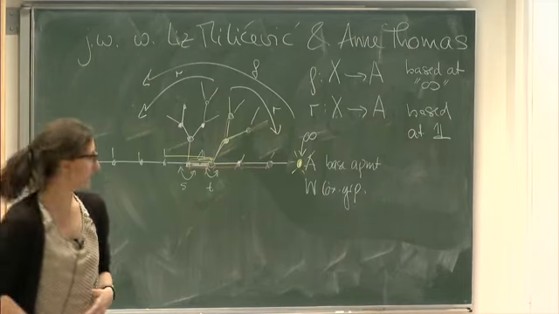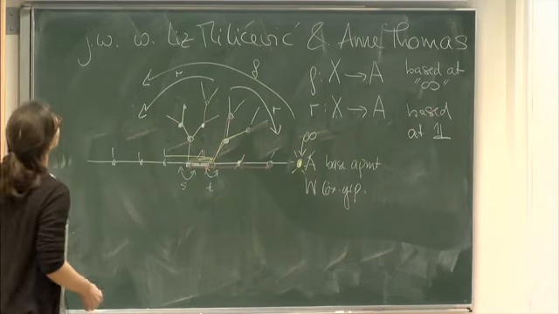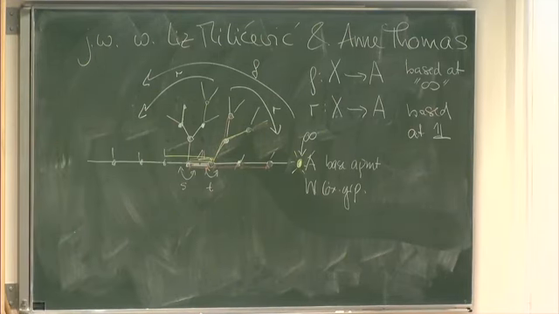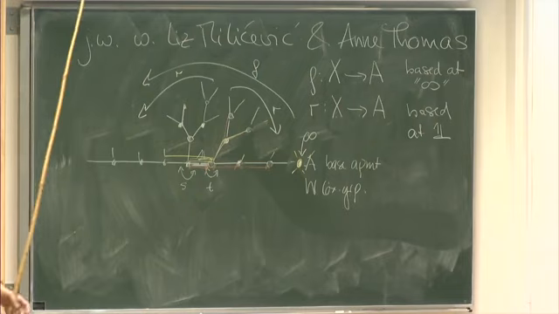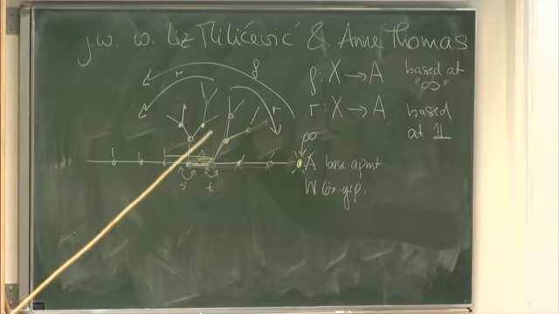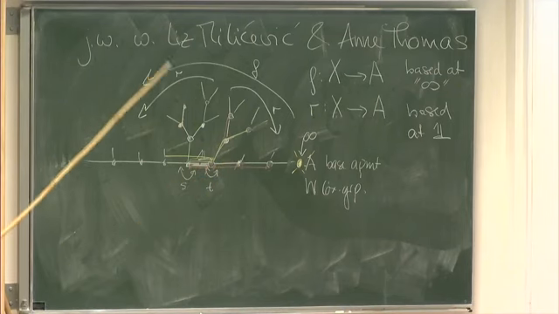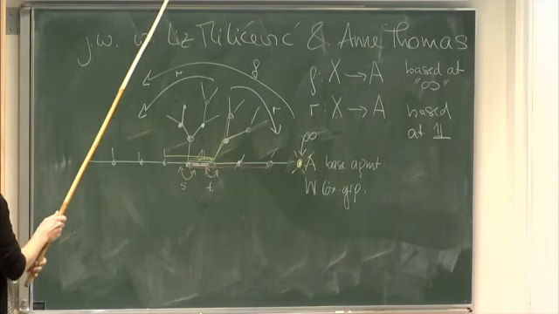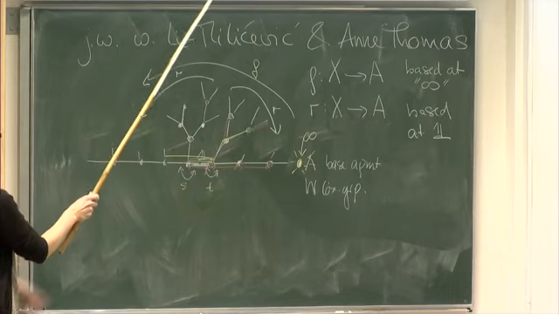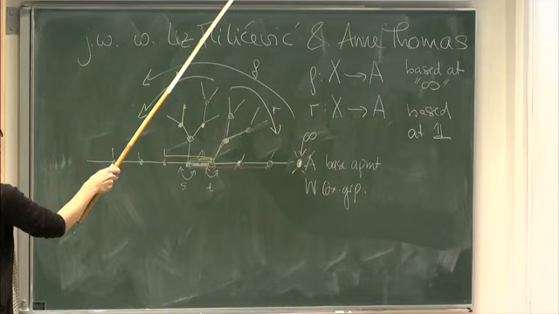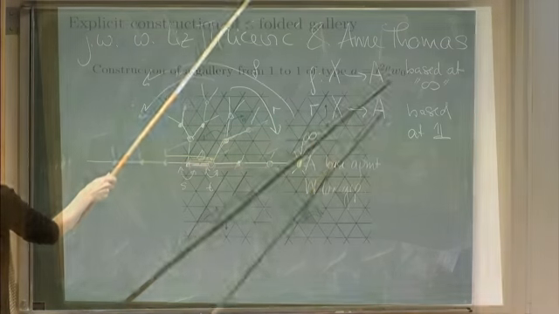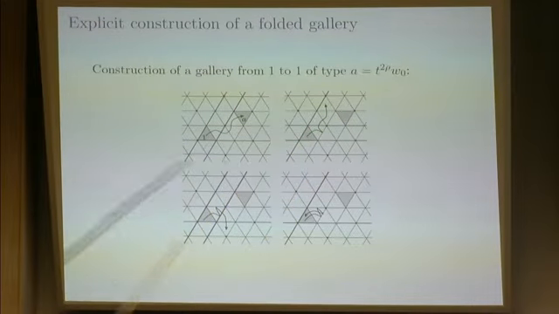first show you ways to get folded galleries. So here's an explicit construction you can do in any affine Coxeter group. You can look at this particular point over here, which is this translation, t to the 2 rho, and rho is half the sum of the positive roots.